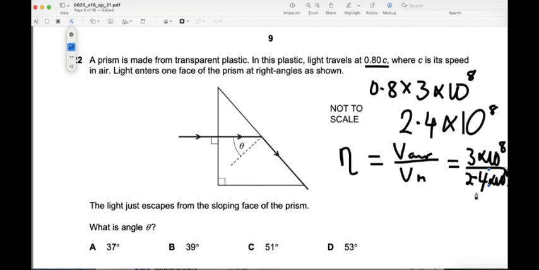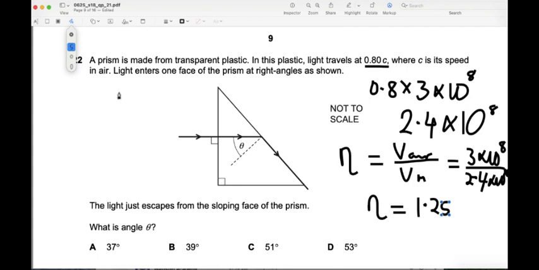We cancel the 10 to the power of 8, so 3 divided by 2.4. The refractive index will give us 1.25. This is the refractive index.